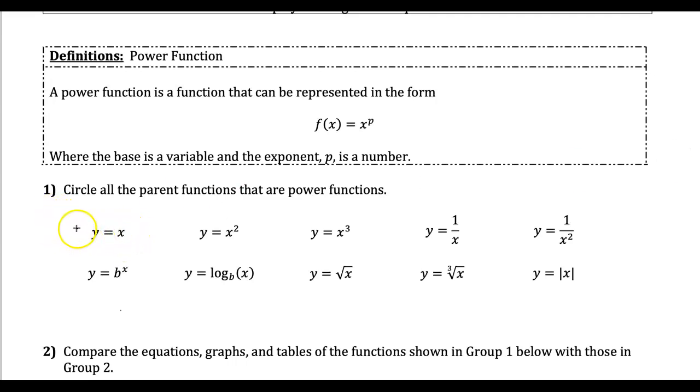So this first one is x to the first power, so you can write that as where p equals 1, right? So this is, I'll circle it. It's yes, and I'll put the value of p next to it. So this is good. p equals 1.